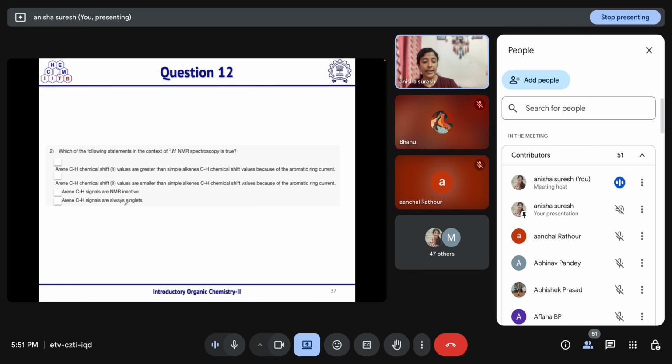Okay. Option A is the right option. As we have seen in the case of benzene, if we keep benzene in an applied magnetic field, ring currents will be generated around it.